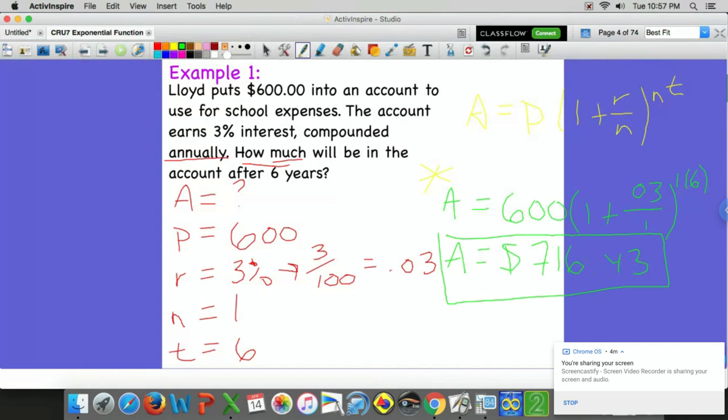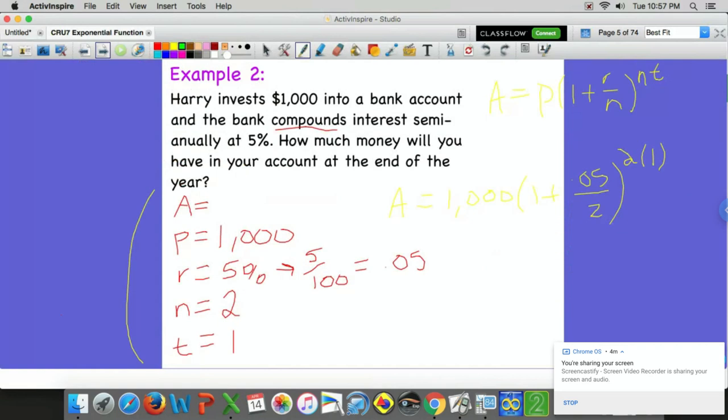So now, example 2. If you want to pause, go ahead and type this one into your calculator to see the answer you get before I do. We're just going to take what we have on the left here and plug it into our calculator and get our new number.